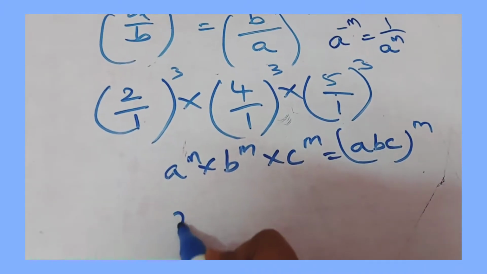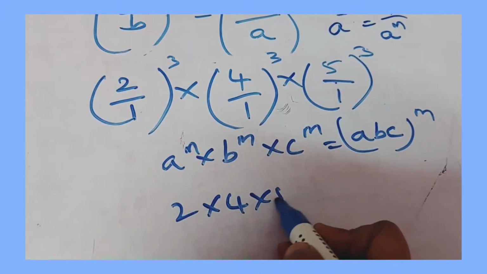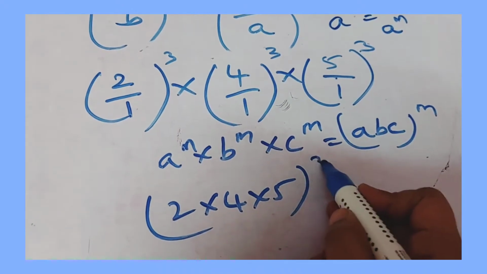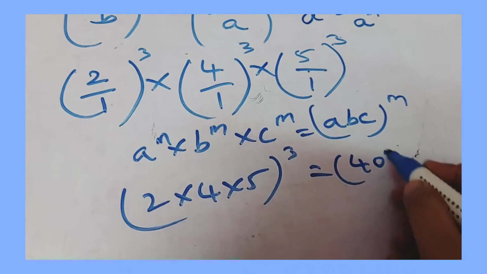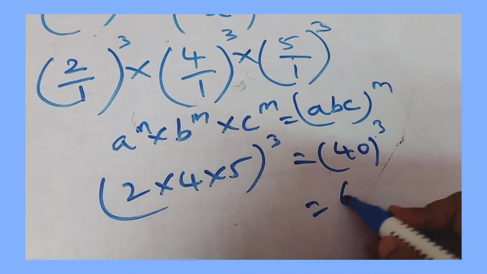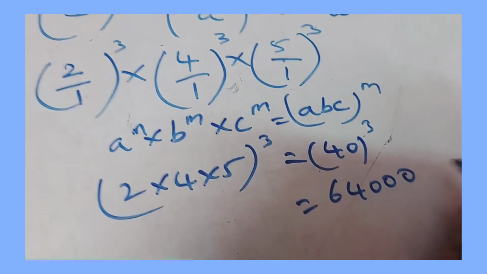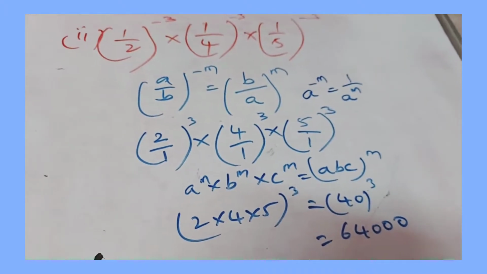So now what you have to do, (2 into 4 into 5) whole cube you have to take. So 4 2s are 8, 8 5s are 40. It is 40 cube again. Same answer you will get. It is 64,000. Okay, you can do with this method also.